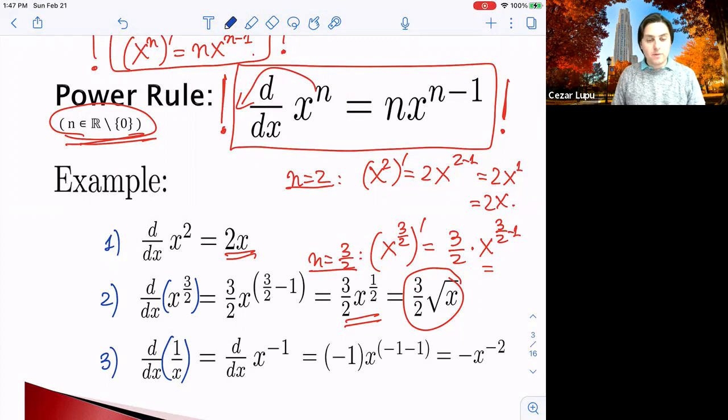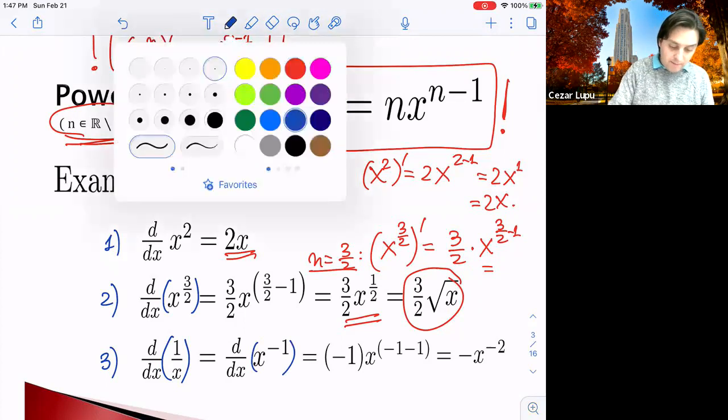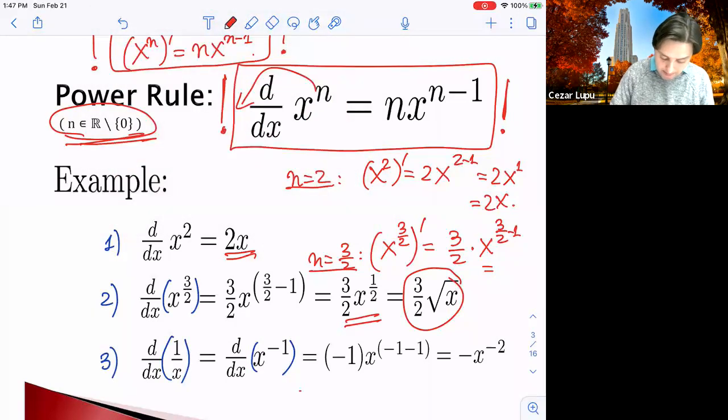So you would want to compute the derivative with respect to x of x to the power -1. And of course, in this case, n will be, guess what? It will be -1. So it will be a negative integer. So no problem.